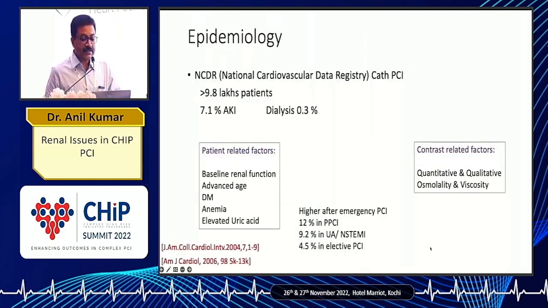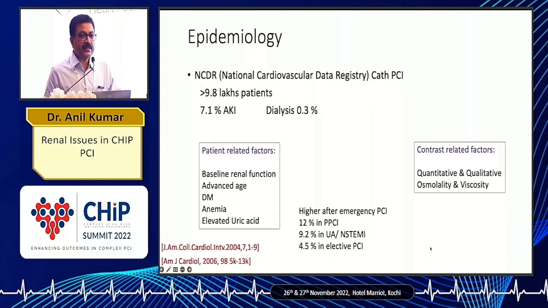Data from the NCDR CathPCI registry, which included more than 9.8 lakh patients, showed a 7.1% incidence of acute kidney injury, and dialysis was required in 0.3%.